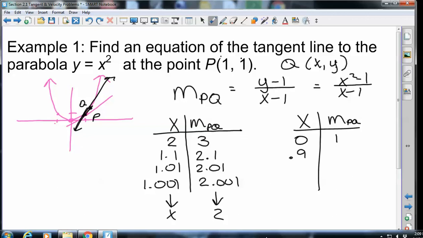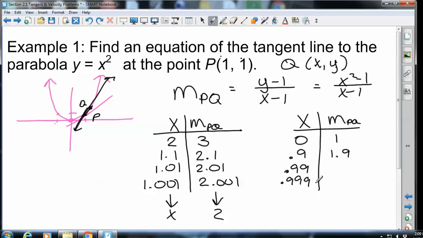So I'm putting in things closer to 1 that are smaller. So I'm going to end up approaching 1 from both directions. So if you put in 0.9, we get 1.9.